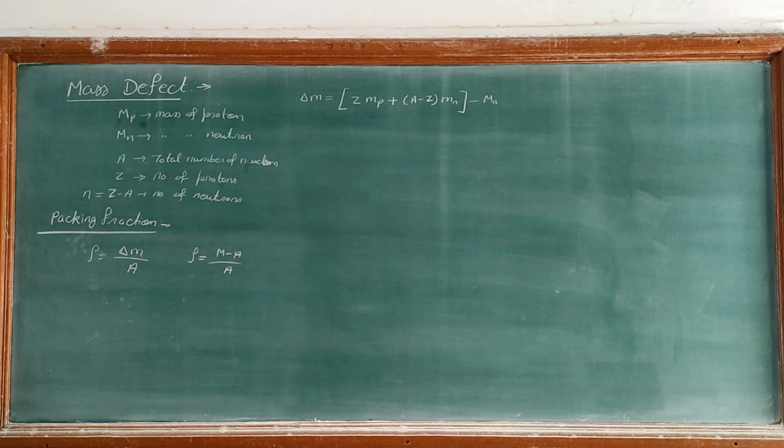This variation of atomic mass from the whole number is considered to be due to some deviation of the mass of the nucleus from the mass of the constituent nucleons, that is protons and neutrons. So that's why it is defined as F is equal to (M minus A) by A, that is the mass defect per elementary particle contained in the nucleus.